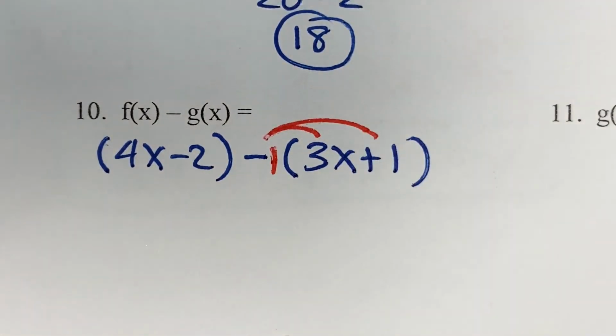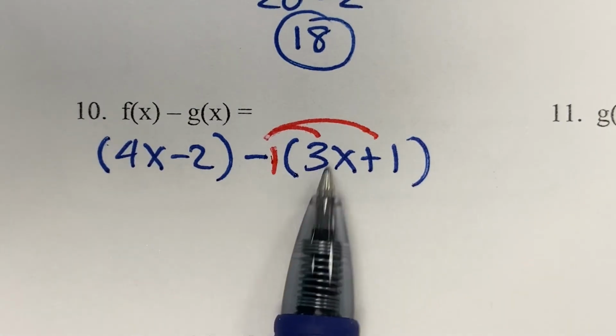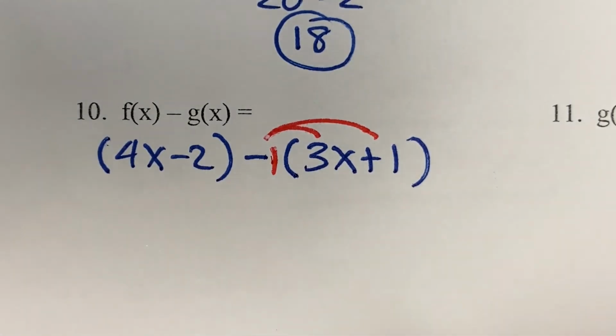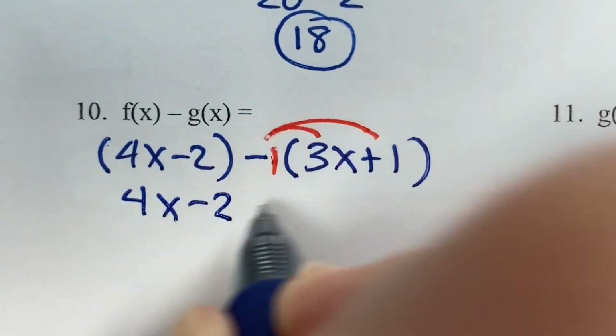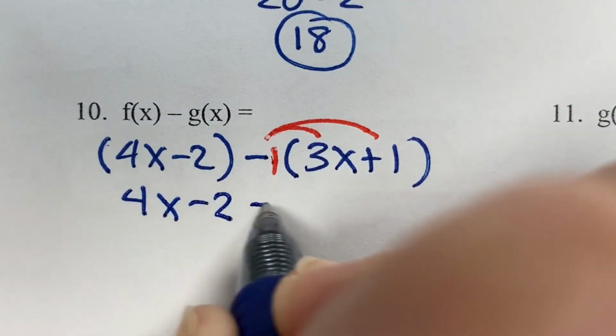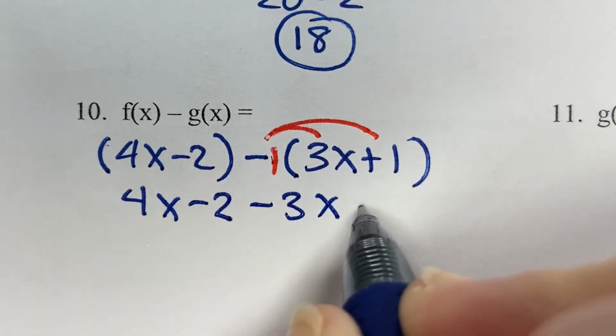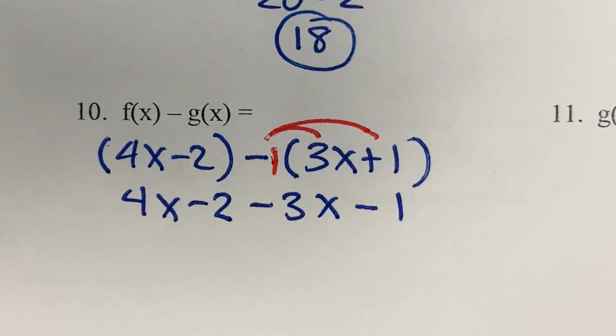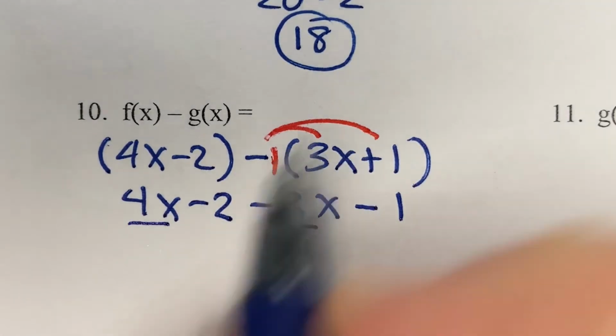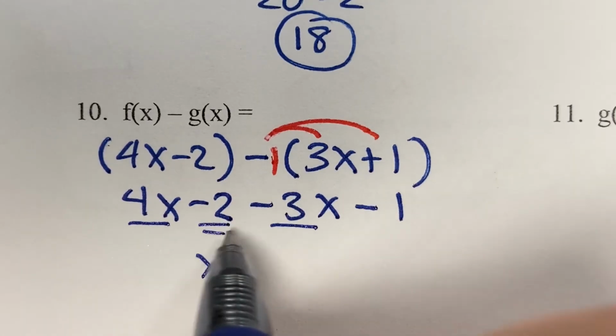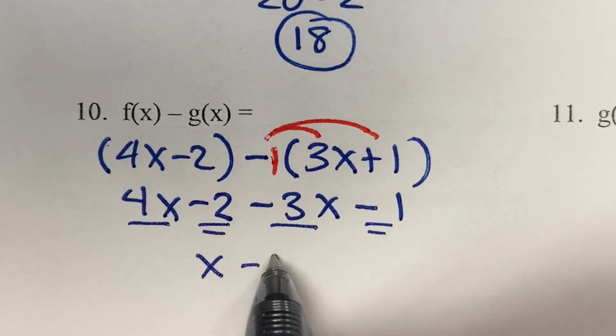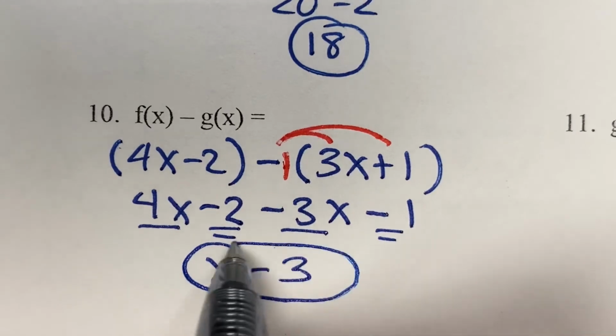And sometimes when you don't use parentheses, you forget to distribute it. Like you might subtract the 3x, but then you'll forget to subtract the 1. So this is 4x minus 2 minus 3x minus 1, because I'm distributing that negative. So 4x minus 3x is 1x. Negative 2 minus 1 is negative 3. So x minus 3.